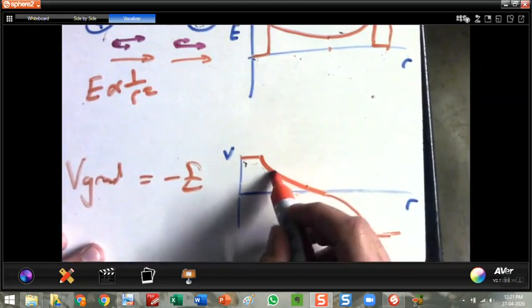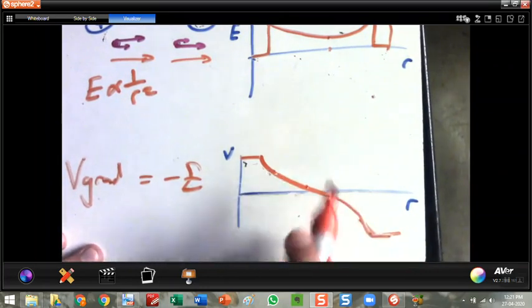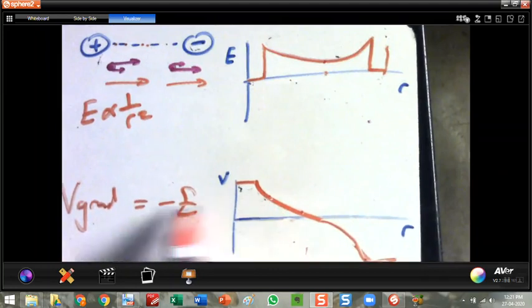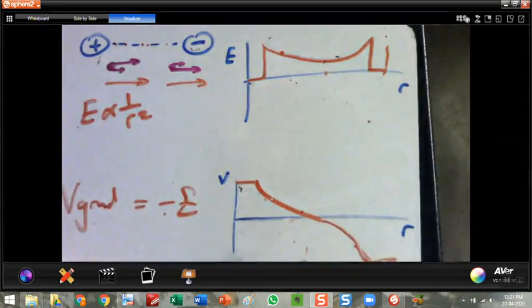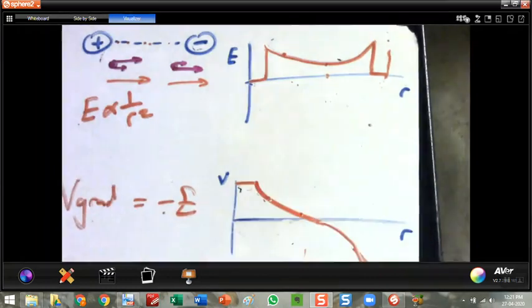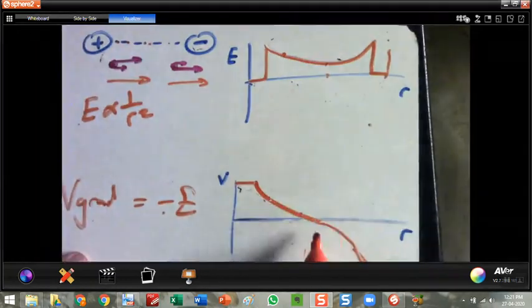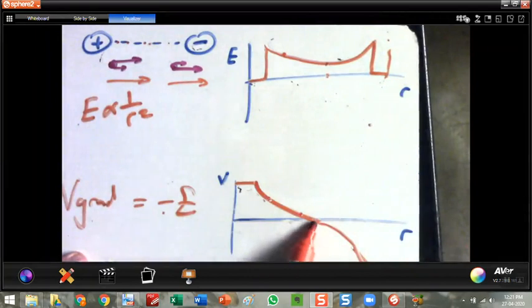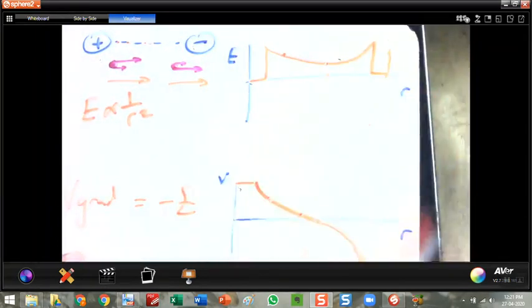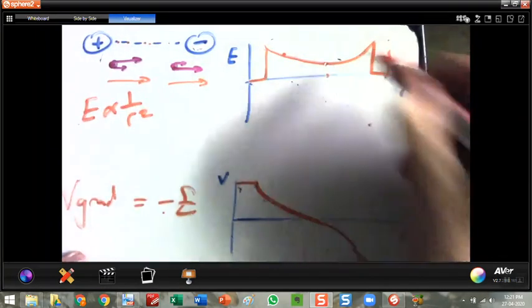So here there's a negative gradient, but the negative gradient times the negative gives me a positive value for the electric field. Here, at the zero gradient, although we're going through 0, the gradient is still negative, so that gives me a positive value. Gradient negative, positive value.